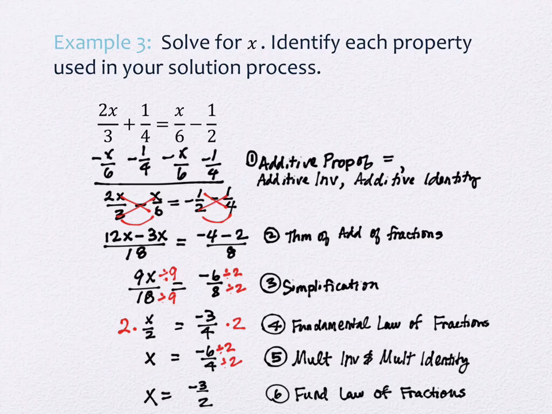Any questions on that one? There's a lot going on behind the scenes that allows you to do what you've been doing for so long when you solve these kinds of equations.